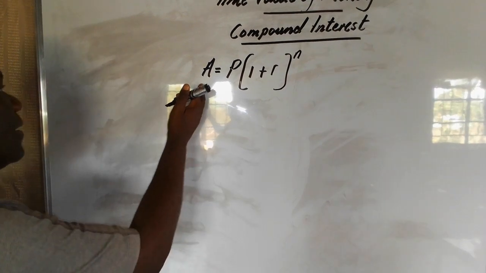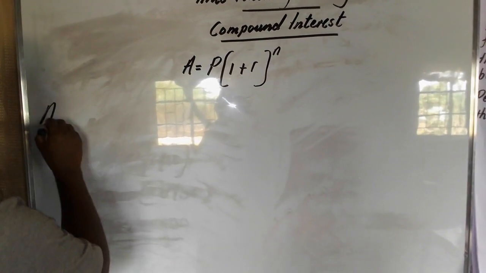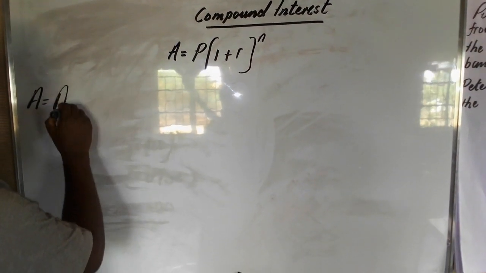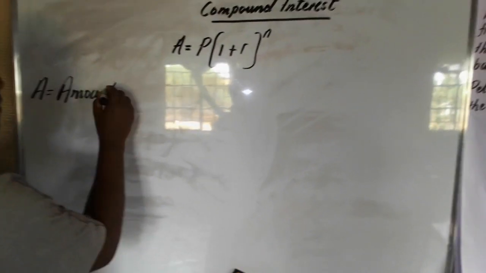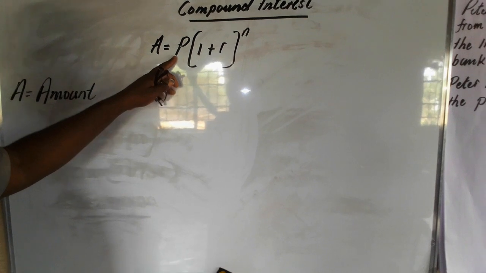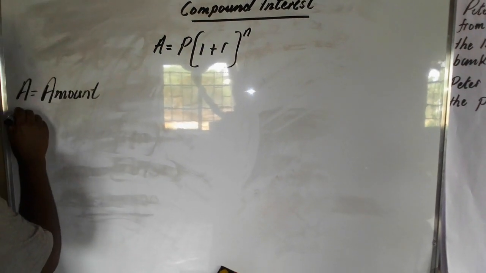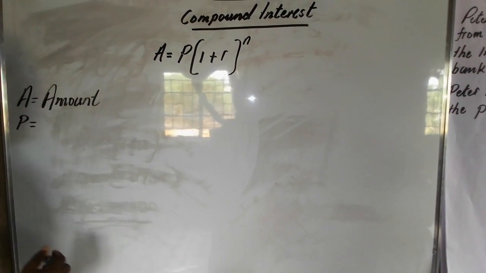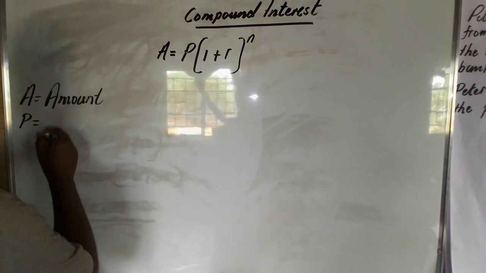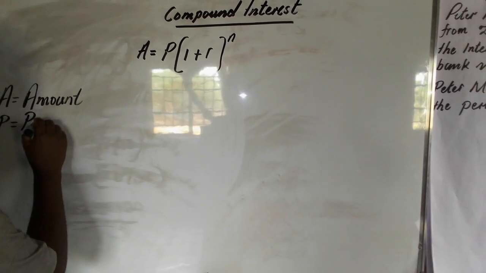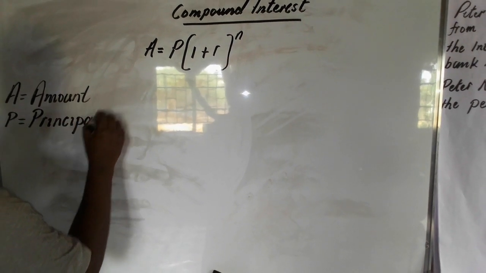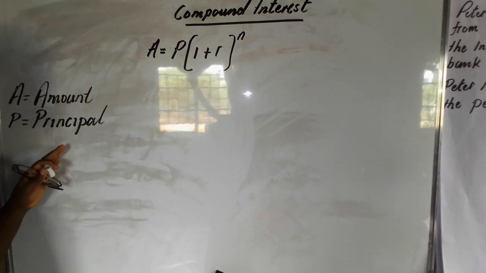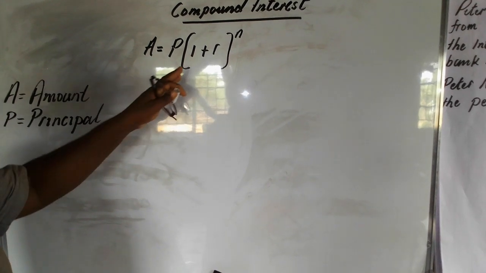Here, the A is the amount. The P is the payment, in this case, the principal. This is the principal amount that Mr. Malambo got.